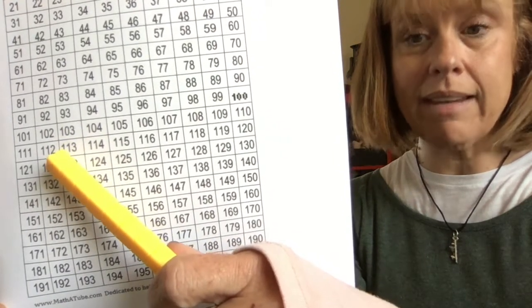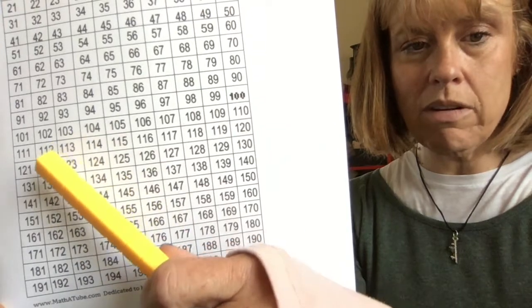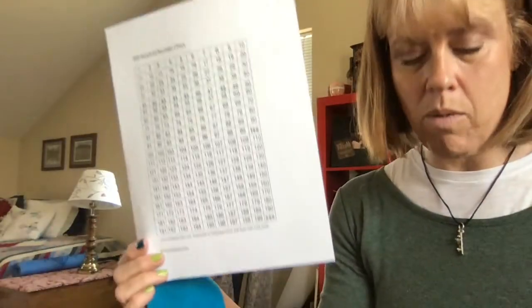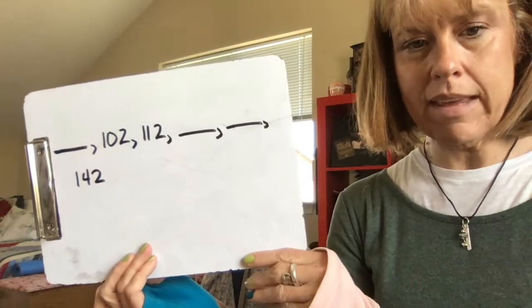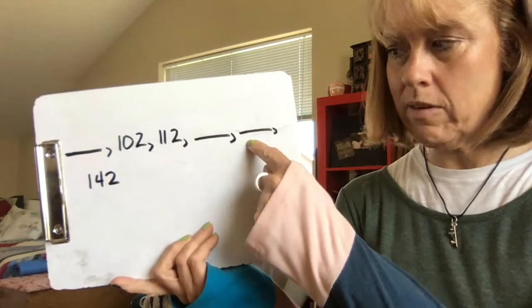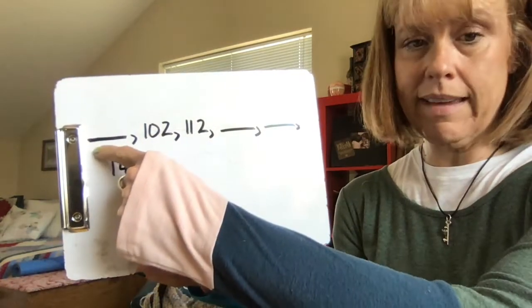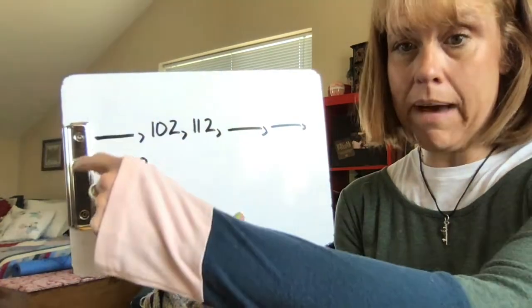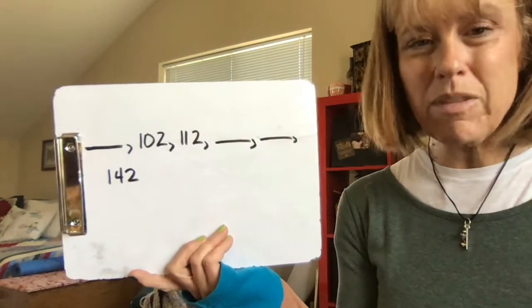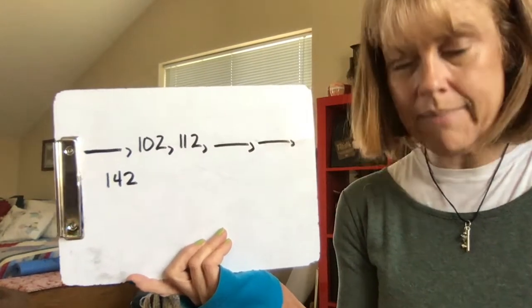That means I added 10, right? So 102, 112, that's 10 more. So now, when I go back to this, I'm like, oh yeah, I have to either add 10 to get these 2 numbers, or I'm going to subtract 10 to get this one over here because I'm going backwards. When I go backwards, I'm subtracting, okay?